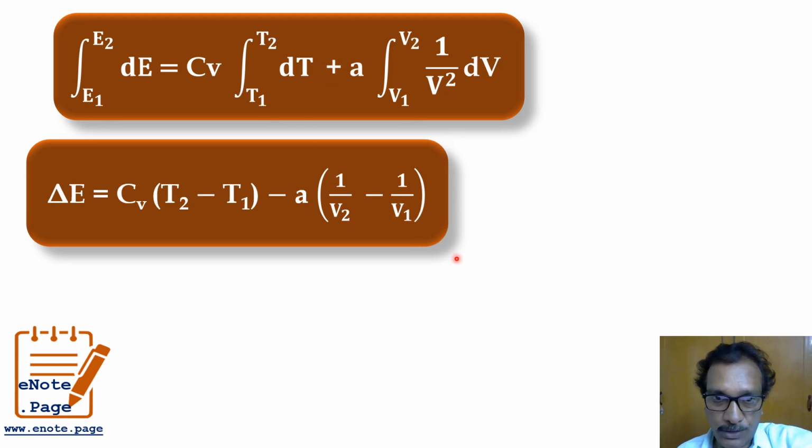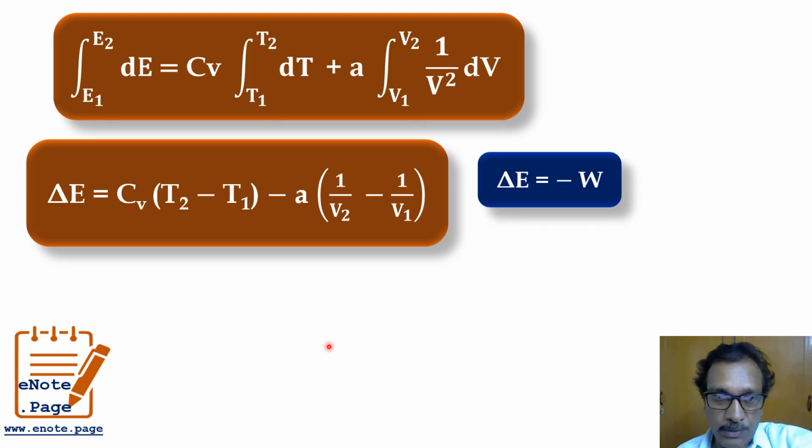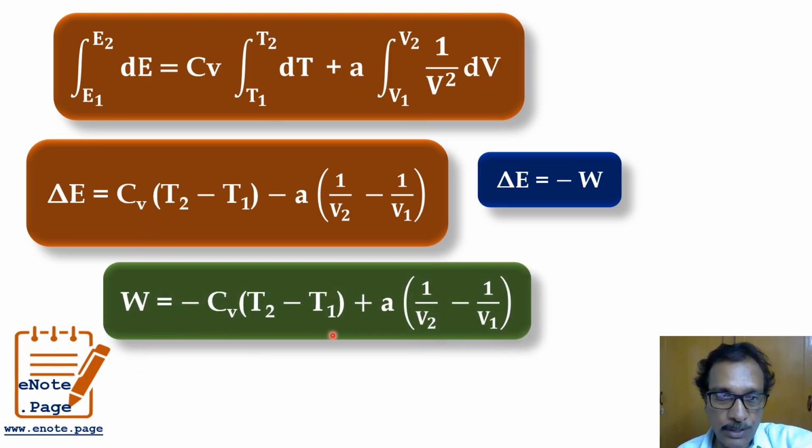So this is the value of delta E: delta E is equal to CV into (T2 minus T1) minus a into (1 by V2 minus 1 by V1). And we know that delta E is equal to minus W, so we have to change the sign in this equation. So W is equal to minus CV into (T2 minus T1) plus a into (1 by V2 minus 1 by V1). This is the value of W.